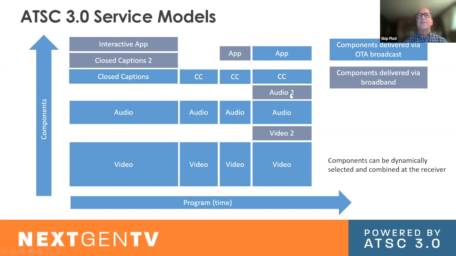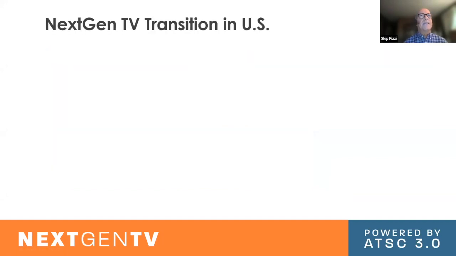But that Spanish is only delivered on the online version, so you need your internet connected for that. Captions, of course, over the air. But in this case here, the app is also delivered over the air. So everybody would get it, no matter whether you had your internet connected or not. So there are lots of options for the broadcaster, and they can all be dynamically selected, combined at the receiver.